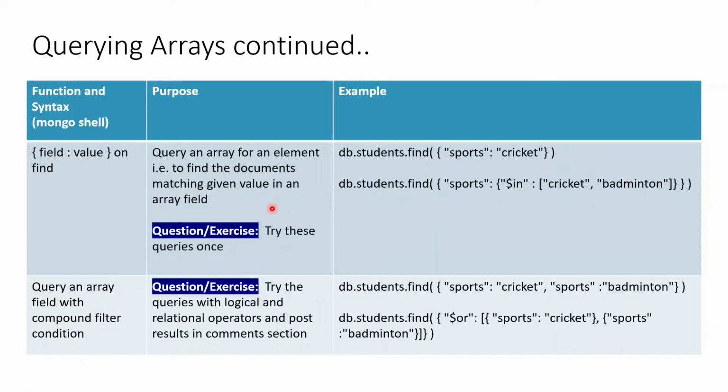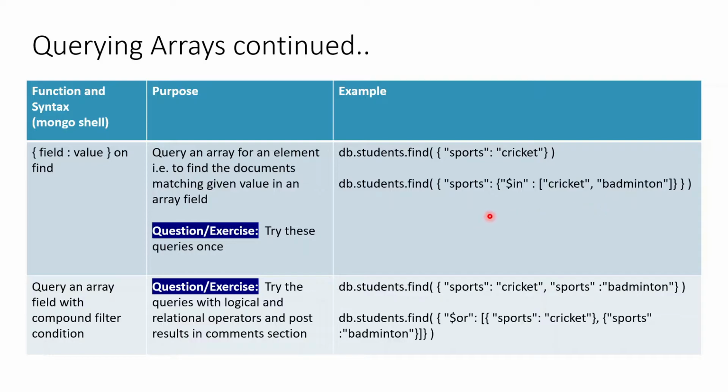Now let us say we want to find out a set of values in an array. How can we do that? We can find it using the $in operator. The students who have opted for any of these sports can be found with this query. It will not match only cricket or only badminton or both of these; it can match any combination of these.